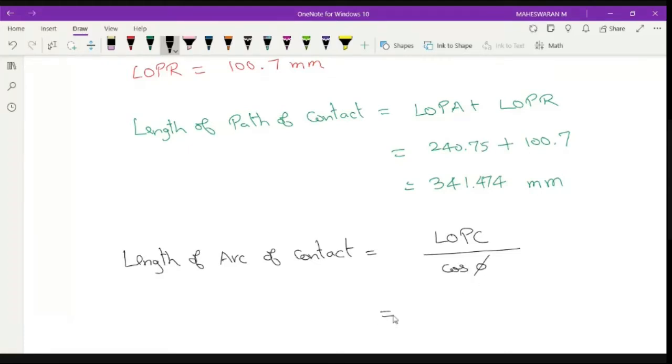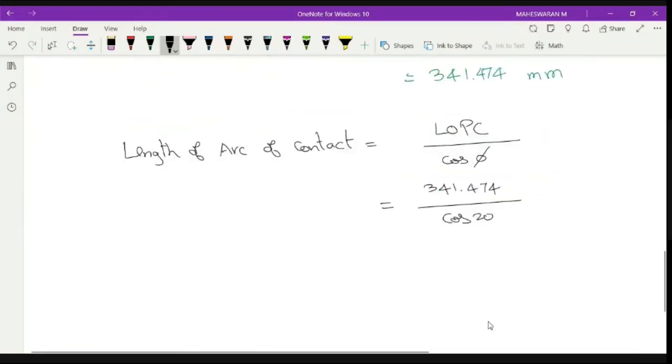Right? So which is equal to 341.474 divided by cos 20. So what are you getting? 363.425 mm. Right? So this is LAC, length of arc of contact. Okay, let it be considered.